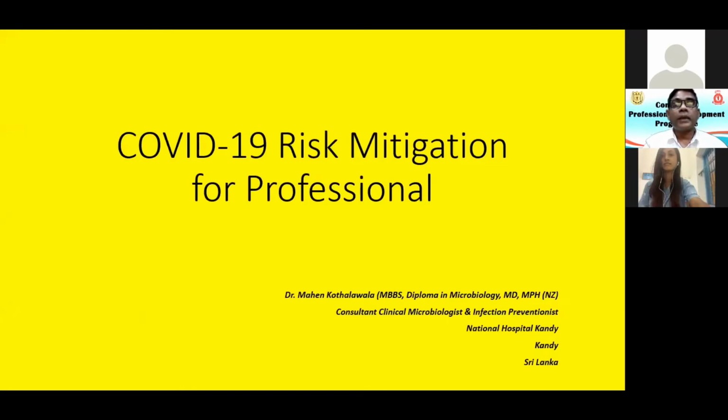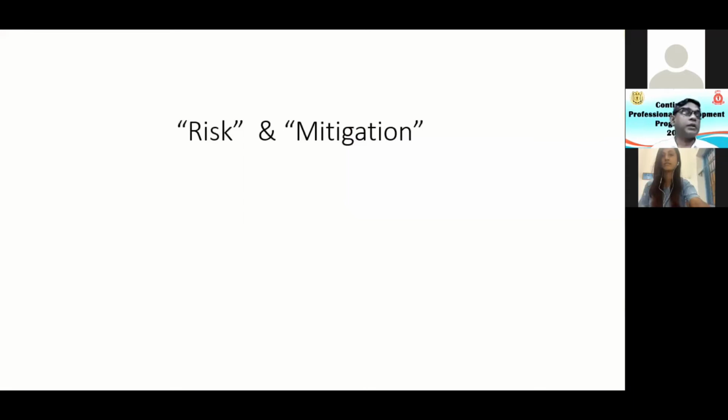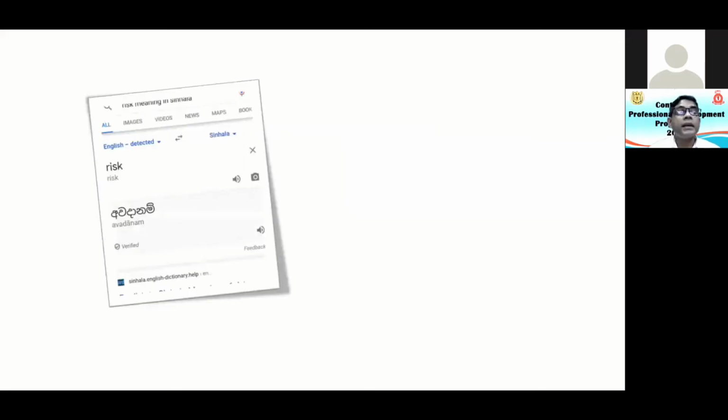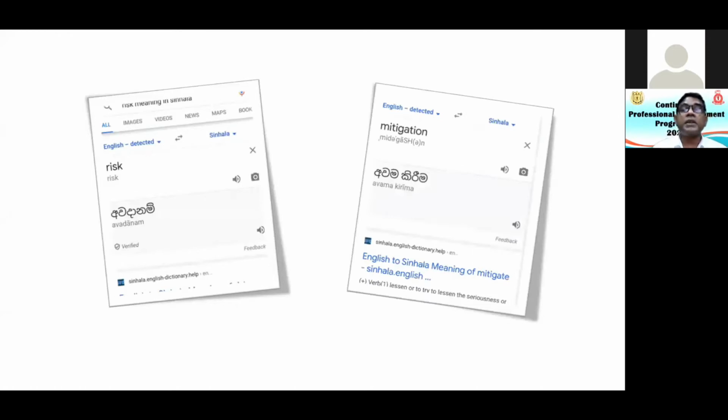Before my presentation, I would like to introduce the 2 words that I am going to use throughout my presentation. That is risk and mitigation. So what is a risk? If you take the word risk, it says avadanama or avadanam. Then what does the term mitigation mean?